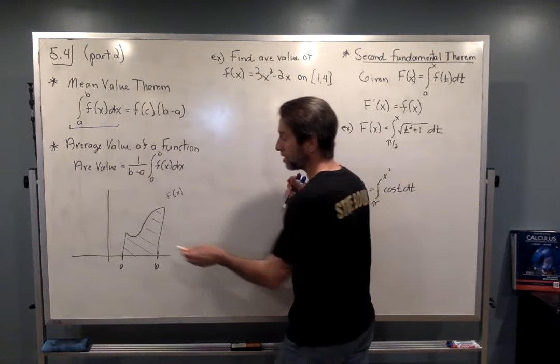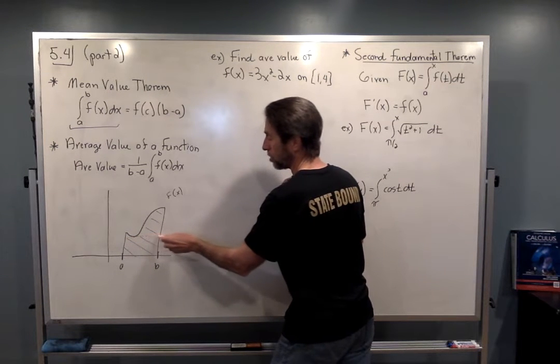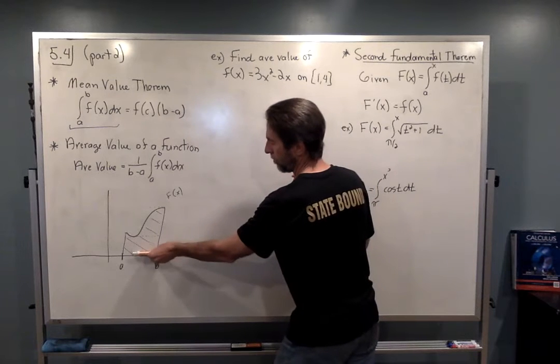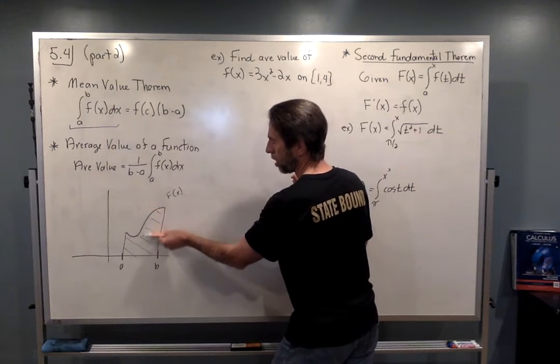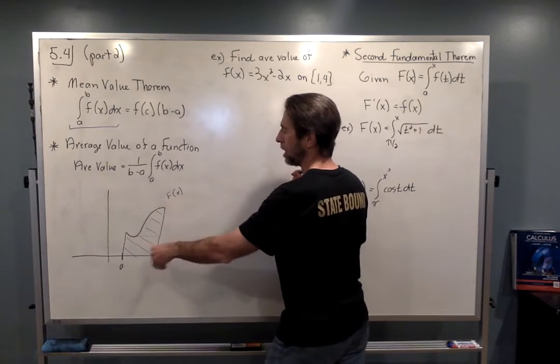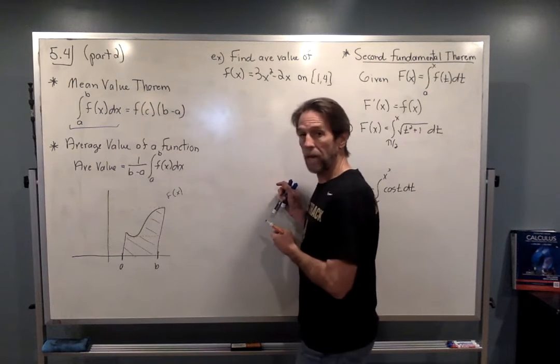And what it really means is that there has to be a height, so to speak, that if this could float from the bottom orange to the top orange, somewhere in there is the exact area. So I basically make this irregular purple area into a nice rectangular area.